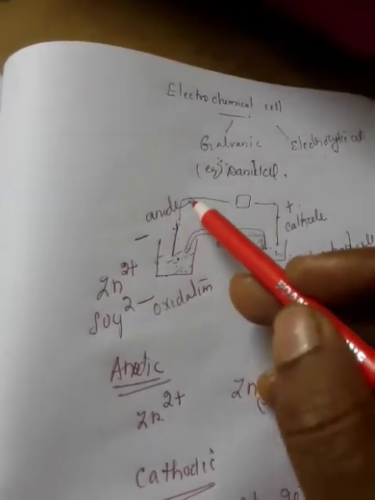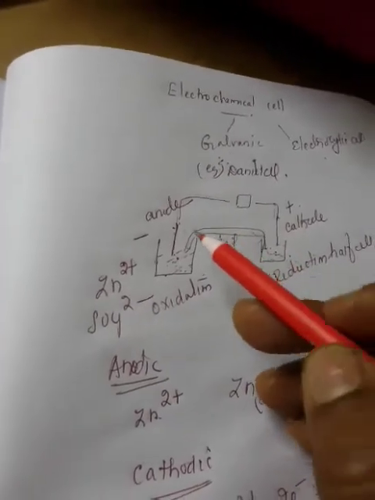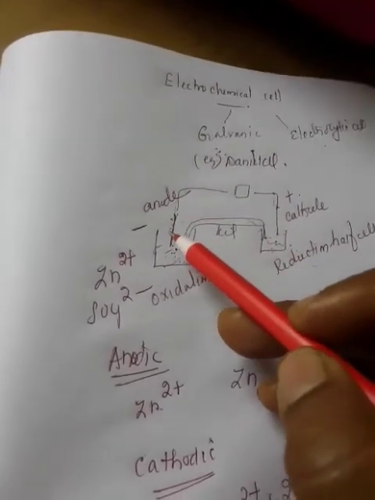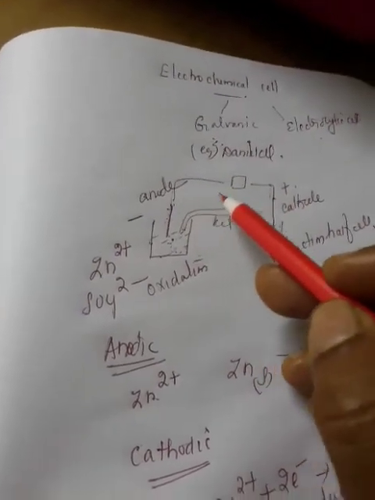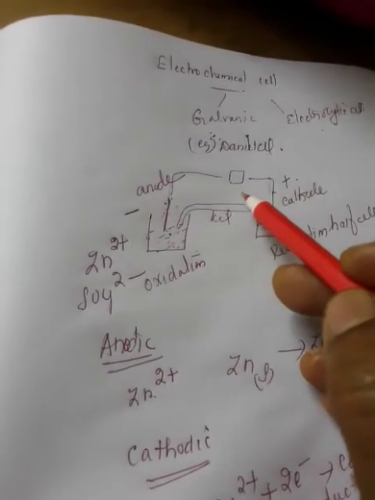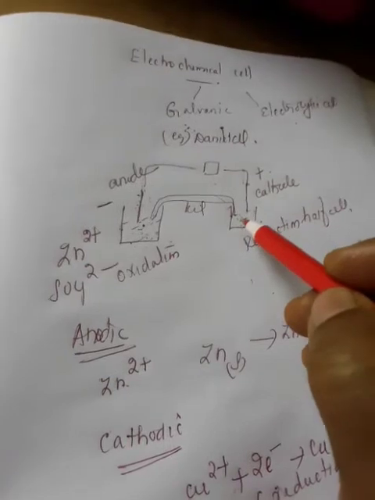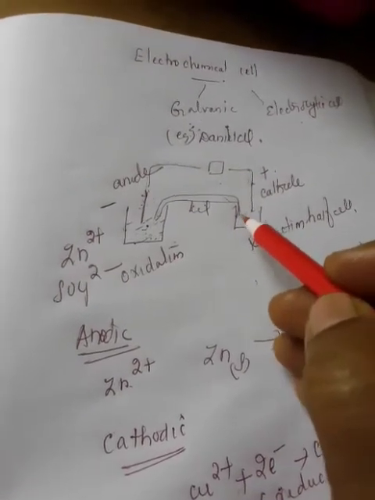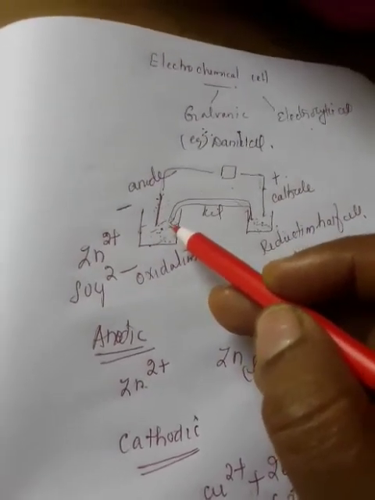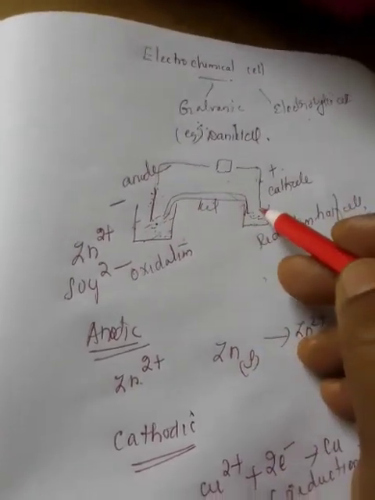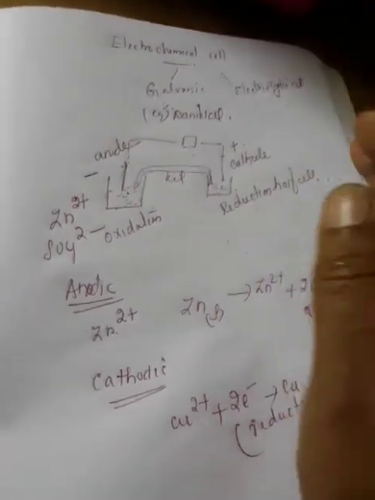With the non-reactive electrolyte KCl, the Cl- ions move towards the anode and K+ ions move towards the cathode. At the same time, electrons flow from the negatively charged zinc anode to the positively charged copper cathode through the external wire. Anions move towards the anode compartment and cations move towards the cathode compartment. This completes the circuit. This is the galvanic cell.